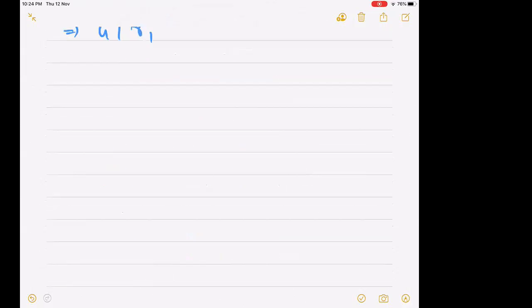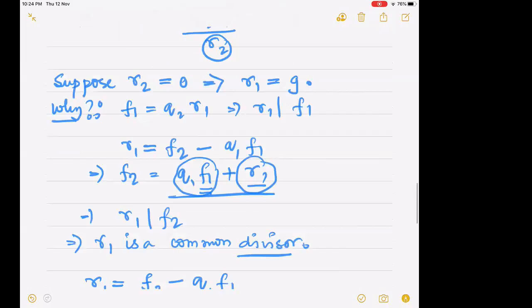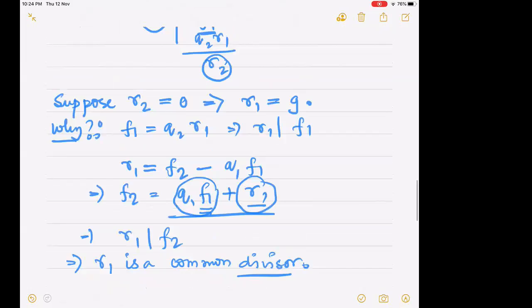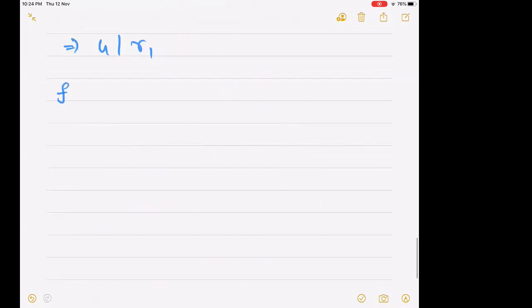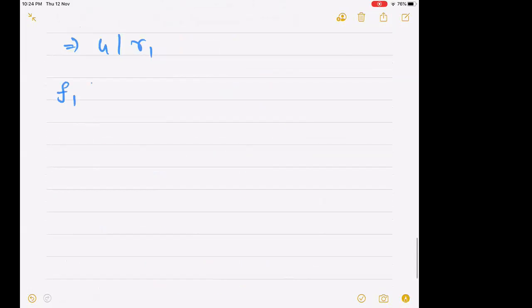So we started with F1 dividing F2. First we divide F2 with F1, we get Q1 F1, we obtain remainder R1. Then we use remainder R1 to divide F1.